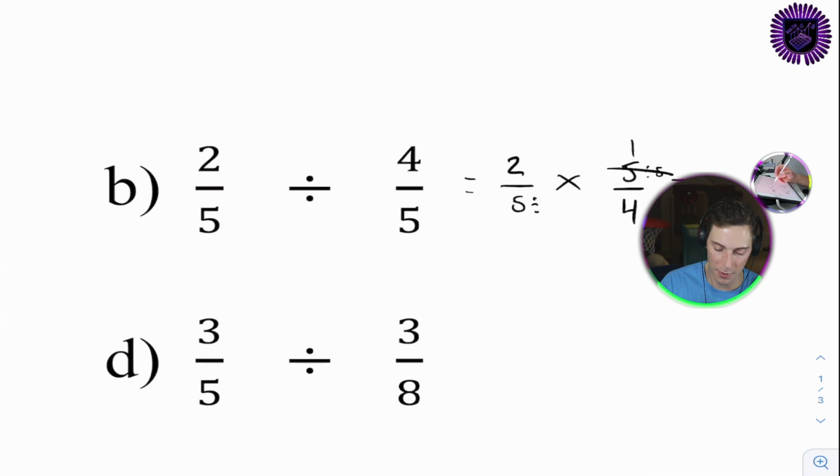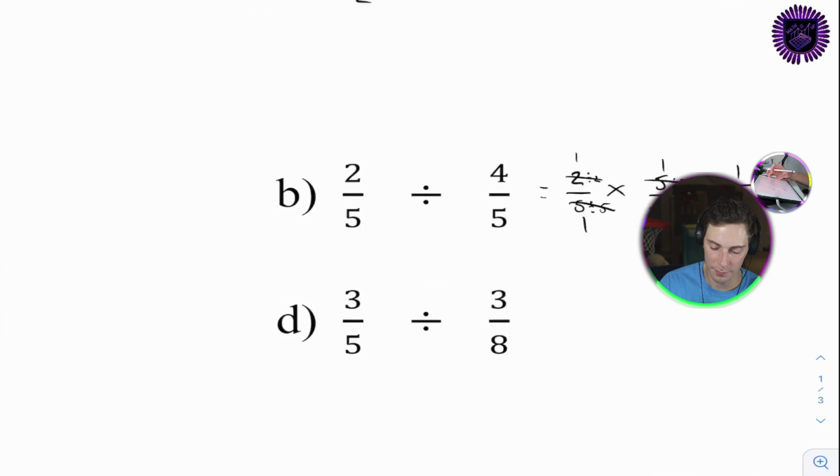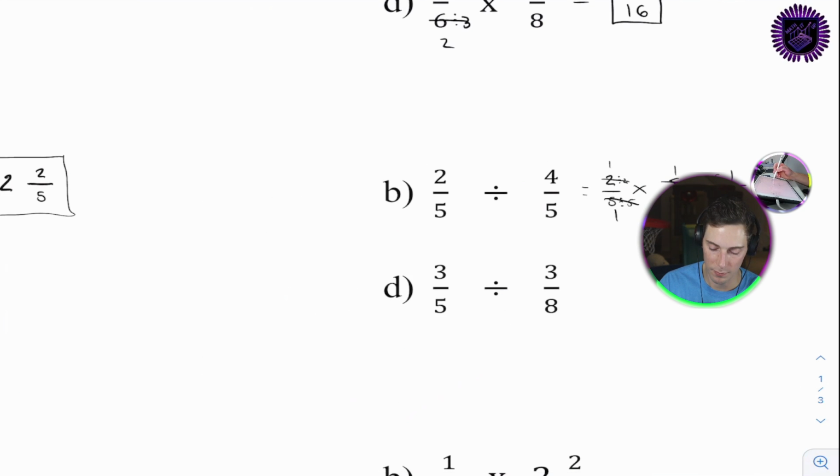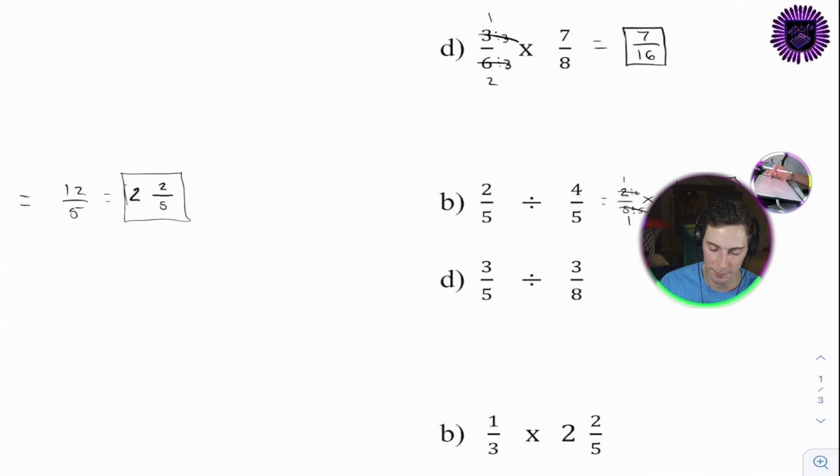And we do the same thing to the bottom. If you do it to the top, you got to do it to the bottom. Oh, we can divide by 2 here, which is 1. Divide by 2 here, which is 2. So our answer is going to be 1/2. Beauty. 1/2 is our answer.